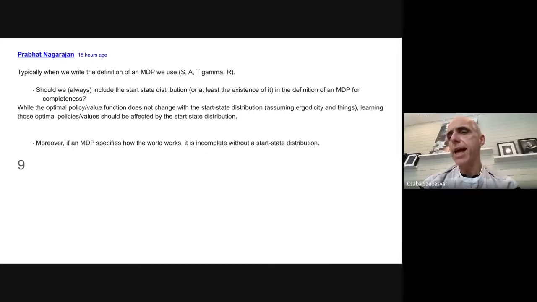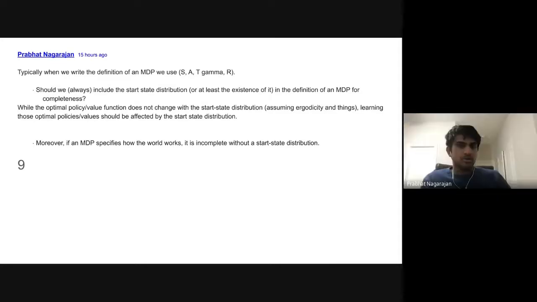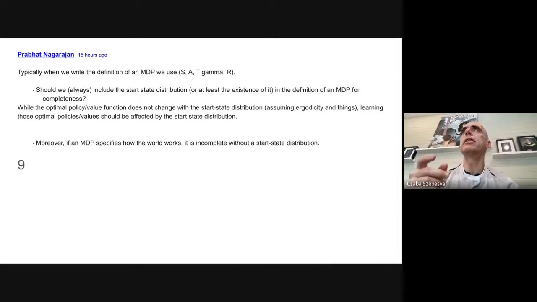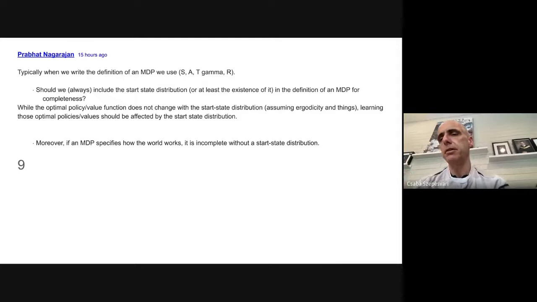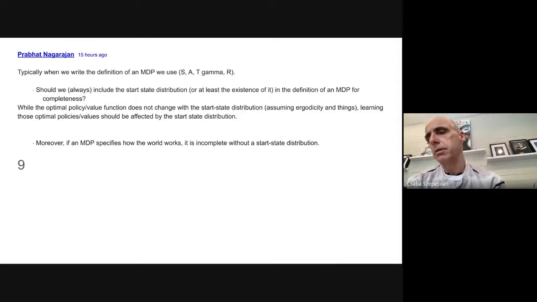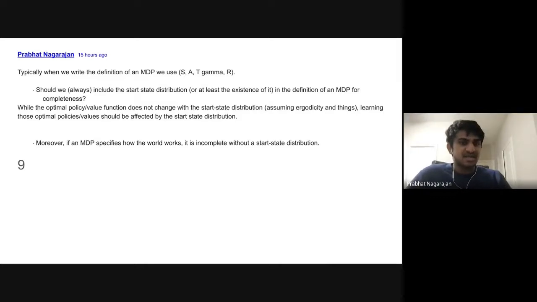The existence of a start state distribution goes without saying, right? In a way, it's superfluous. You don't need to modify the definition. You can just say, I want to deal with any start state distribution. So it's safe to say that a start state distribution does exist. Whether or not it's useful is dependent on your problem setting.